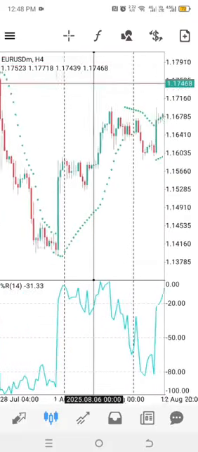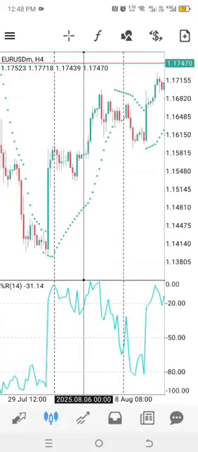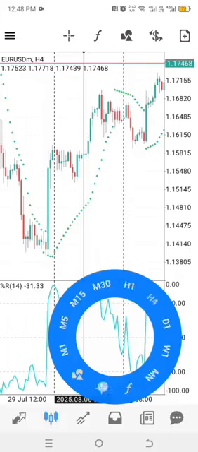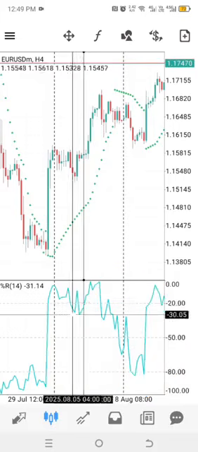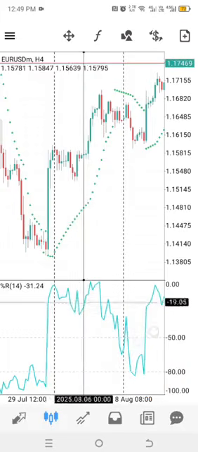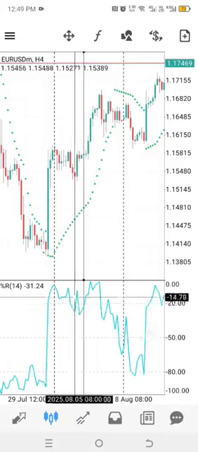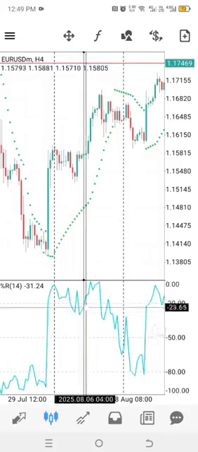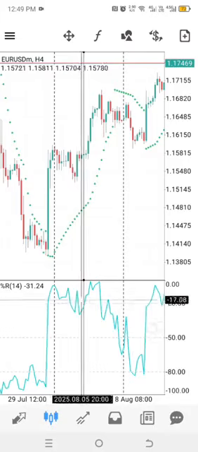Now all I need on the H4 chart is to come to the Williams percentage range this time. All I need to see is the Williams percentage indicator pointing upwards. As long as the Williams indicator is pointing upwards, then I am good to go.